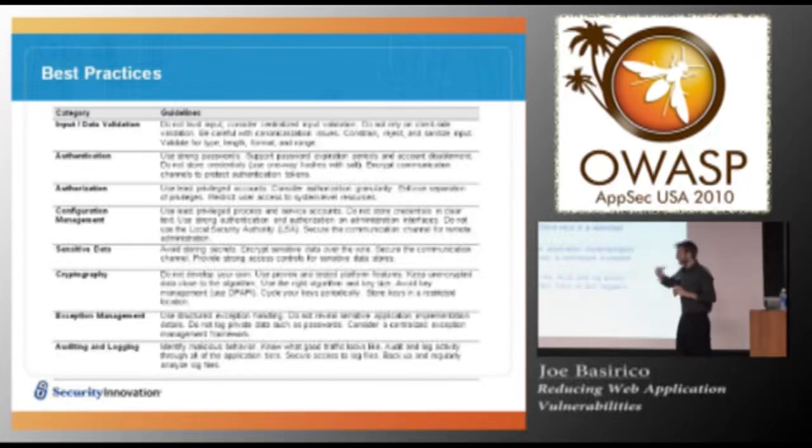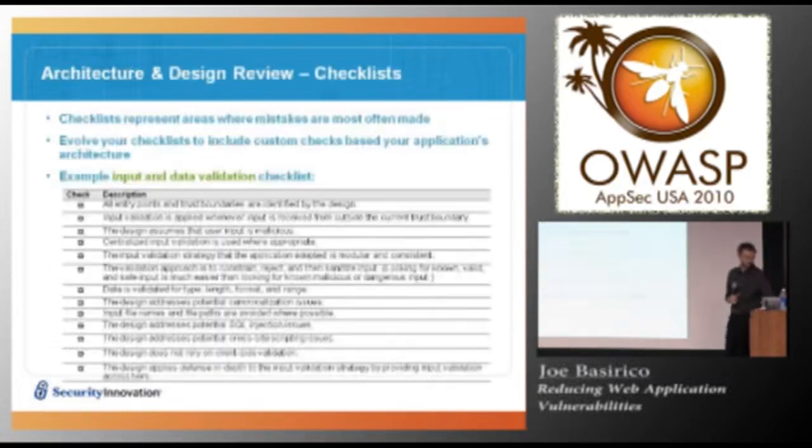Once we validate that input, let's say it's a username and password, we're going to do authentication. Once we're authenticated, we're going to authorize people to access different pieces of data. And at each phase of these categories, we're going to try to make the best decisions.